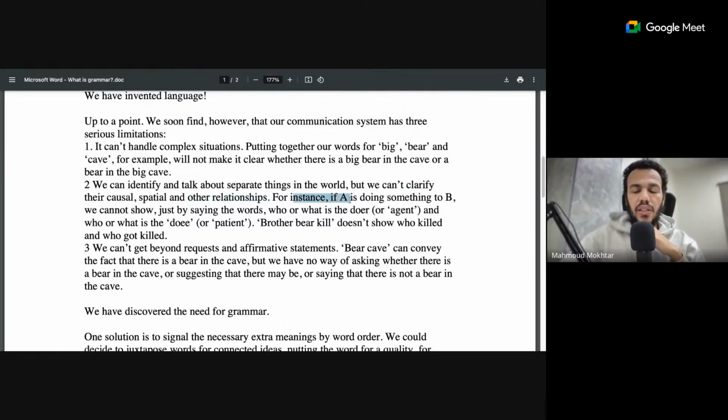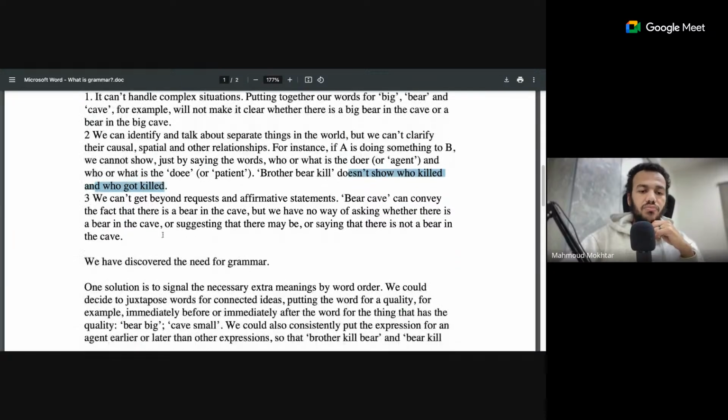For instance, if A is doing something to B, we can't show just by saying the words who or what is the doer or agent, and who or what is the patient. Brother bear kill doesn't show who killed and who got killed.